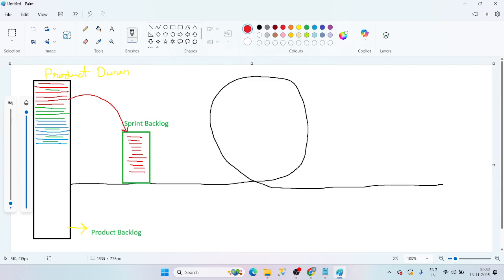Surabhi, Manoj, are you going to complete whatever the product owner brings to the sprint backlog? Whatever we have considered in the sprint backlog, we have to complete during the sprint.